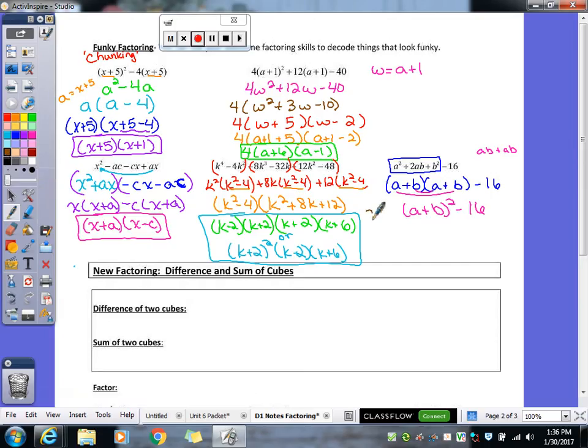Okay, let's try this. I'm going to use just the letter x as my a plus b. So if I rewrite that as x squared minus 16, what kind of factoring do we have? Difference of squares. So that's why we like to rewrite them, because then it makes it a lot easier for you guys to see what you need to do. So that would factor into x minus 4 times x plus 4.